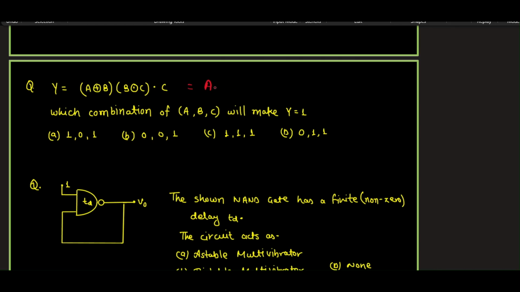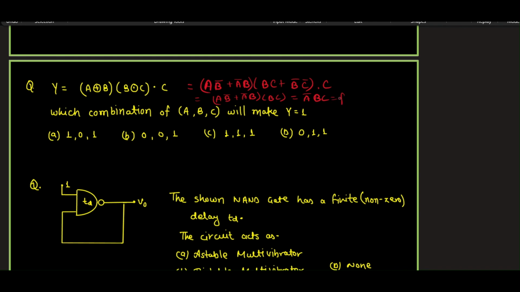You can write it as (A B bar plus A bar B) times (B C plus B bar C bar) times C. Then we will get A B bar plus A bar B. Let's take C inside this bracket. Then this C and C bar will get cancelled, and we will be left with BC itself. Now again, take BC inside this whole term. Then B and B bar will get cancelled, and we will get A bar BC.